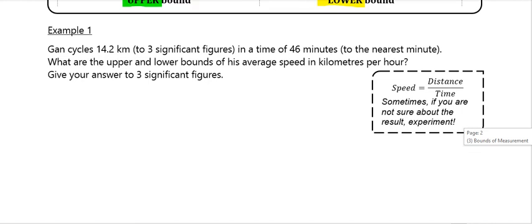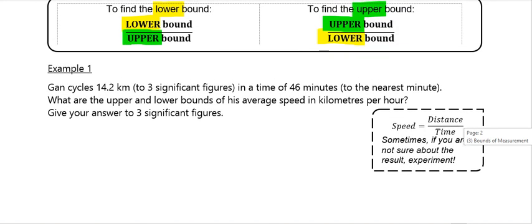Example number 1: a man cycles 14.2 kilometers. This is three significant figures, so the unit of accuracy will be 0.1 kilometer because here is your approximation. So your error will be 0.05 kilometer, right?